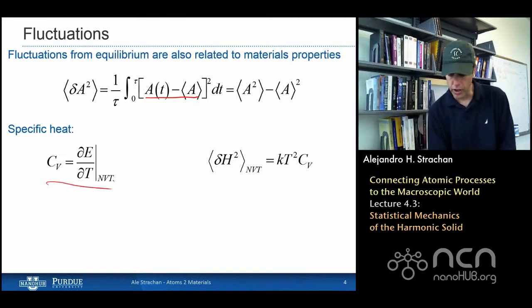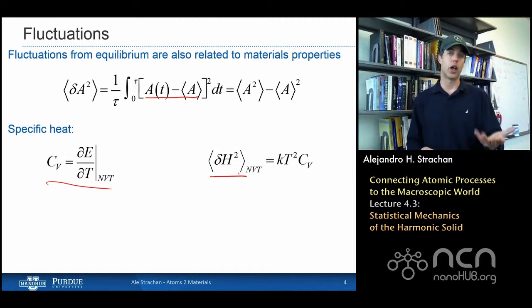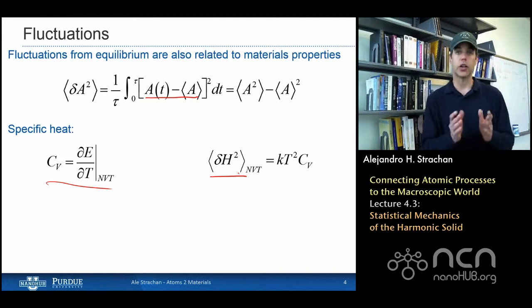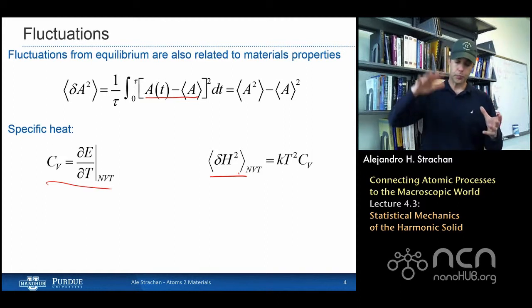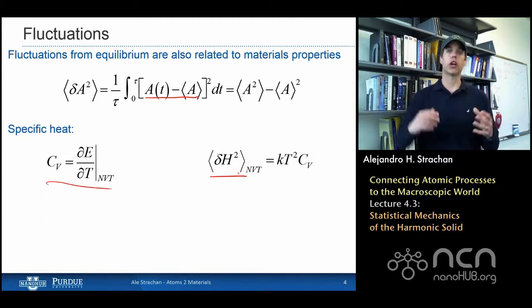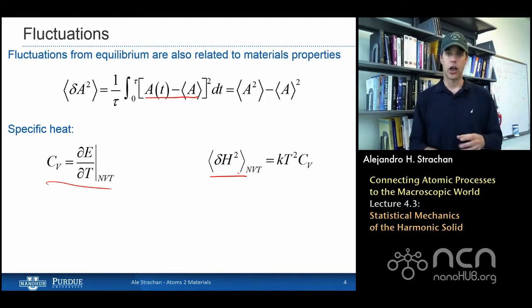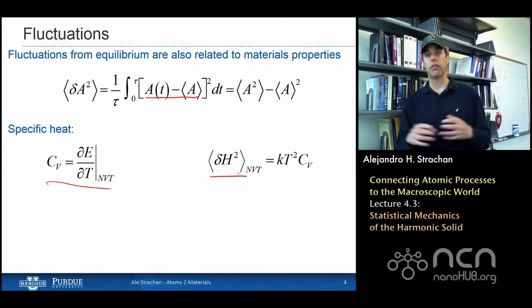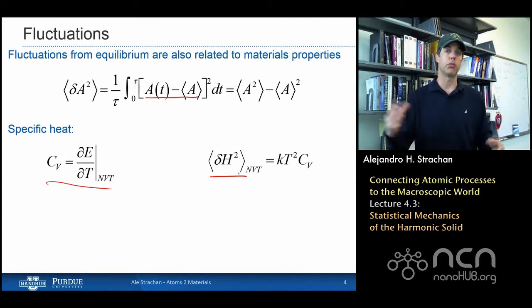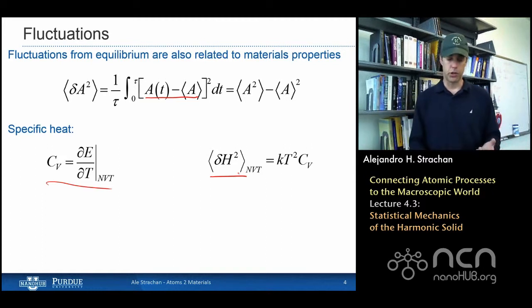Specific heat has to do with the fluctuations of the total energy, or the Hamiltonian of the system, under NVT conditions. So a system with a large specific heat will have large fluctuations of energy under constant temperature. Being at constant temperature means more than just having an average kinetic energy equal to the temperature. It means having the entire distribution, the Maxwell-Boltzmann distribution.